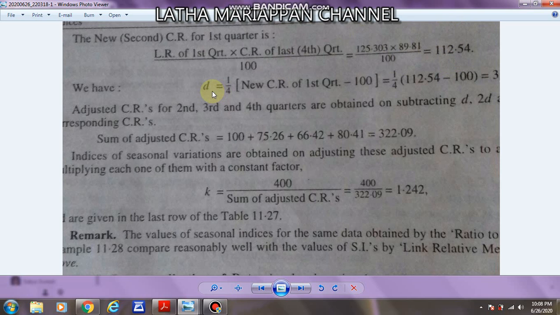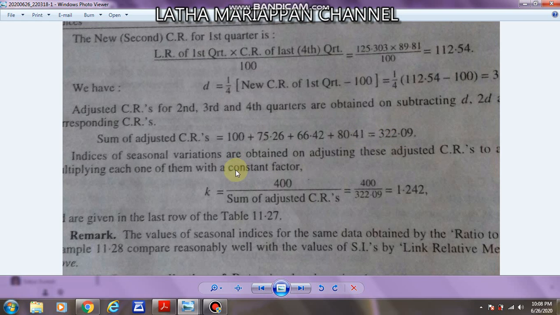The correction factor: subtract this value from 100 and you will get 12.54, divided by 4 quarters. That value is 3.135. Then after that, all these values added give 322.09.